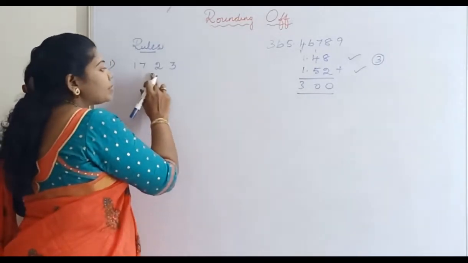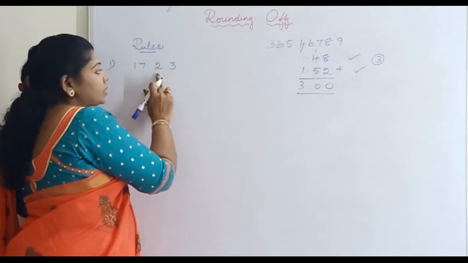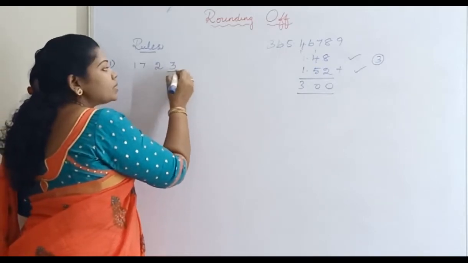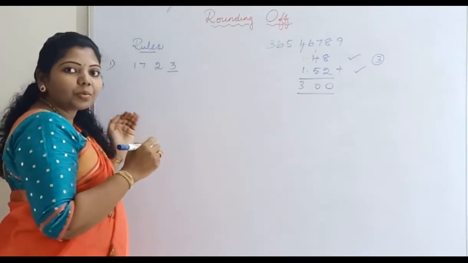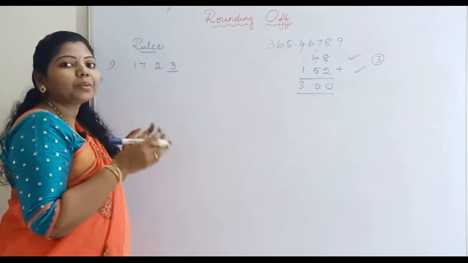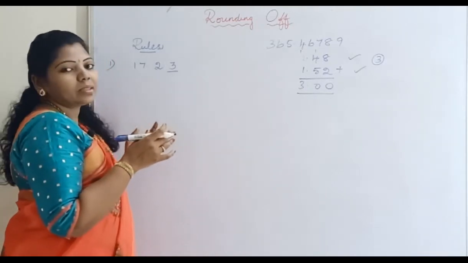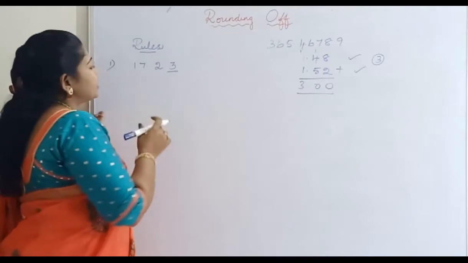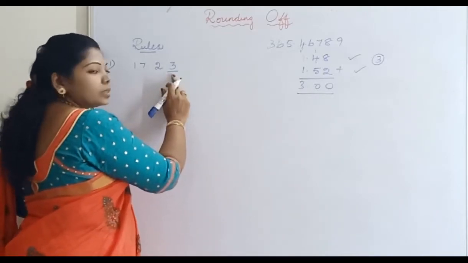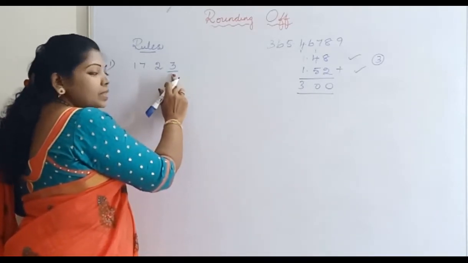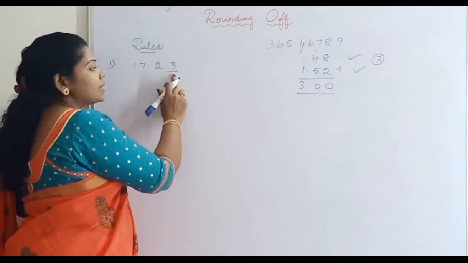So I am going to drop this fourth digit. The fourth digit should be dropped off. I don't want that fourth digit. So how can we round off this? We have to see the fourth digit.